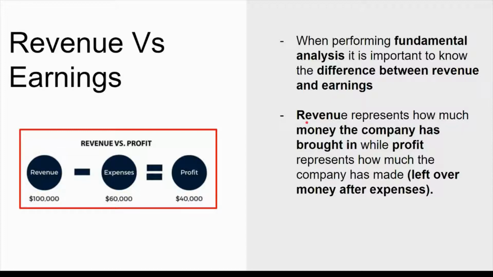Revenue represents how much money the company has brought in, while profit represents how much the company has made, which is leftover money after expenses. So profit is basically revenue after expenses, and revenue is basically just how much money the company has brought in.